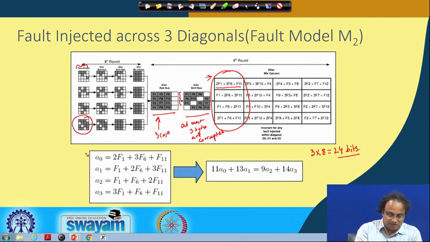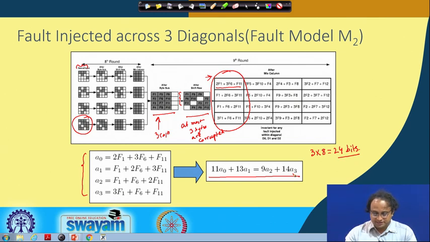If I write each of these values as A0, A1, A2 and A3, I get only one single equation, and the probability of this equation being satisfied is 1 by 2 power of 8. Another way of seeing this is that the probability of a random selection of A0, A1, A2 and A3 satisfying this equation is 1 by 2 to the power of 8. Since there are 2 power of 32 values in total, I get 2 power of 24.